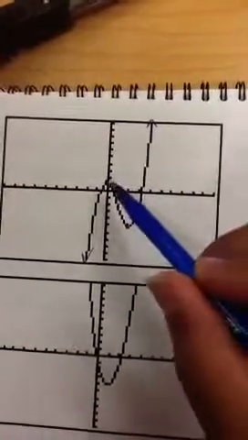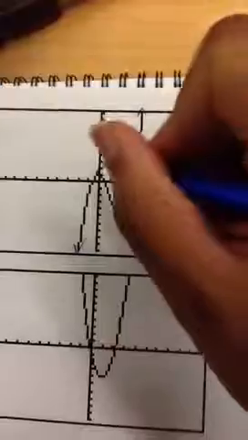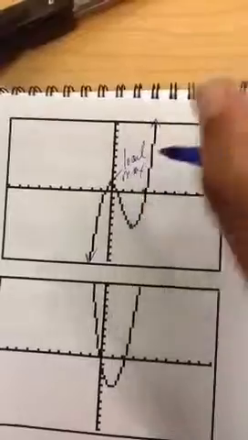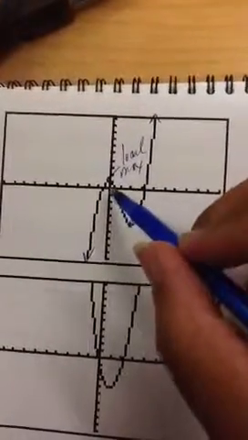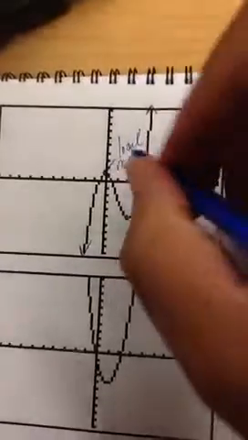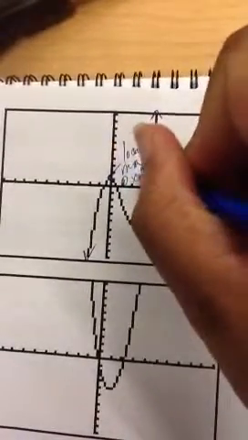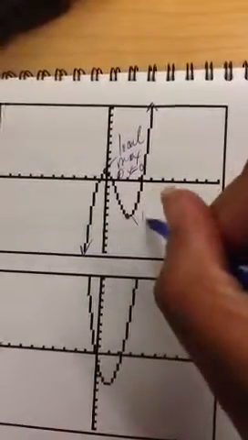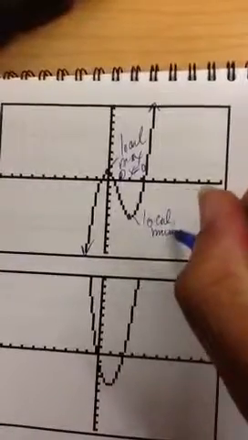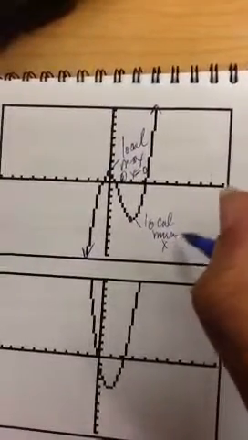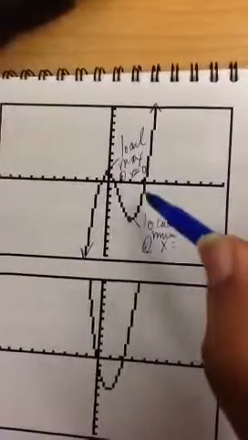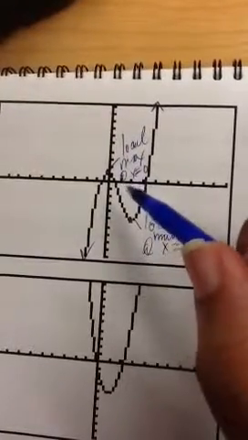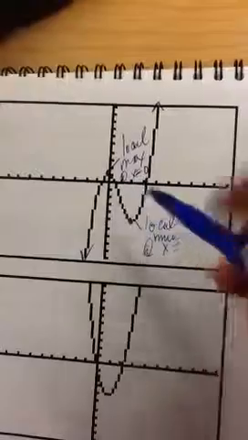So at those humps, I know that this point here represents the local max, right? So I got a local max at, I believe that's x equals 0. And here I have a local min at x equals 2.